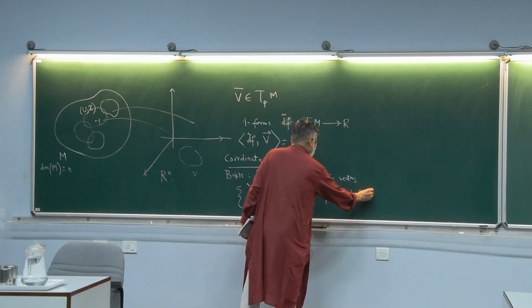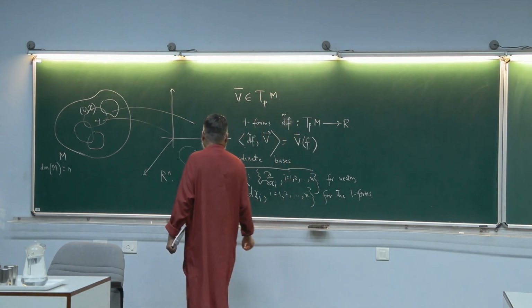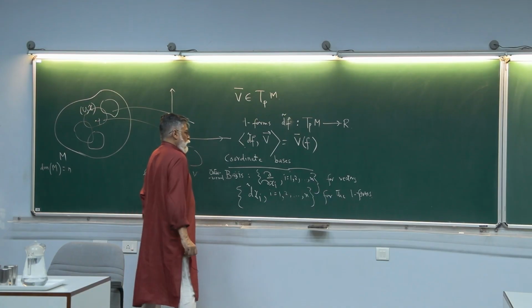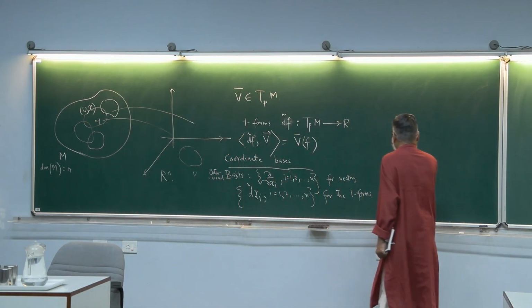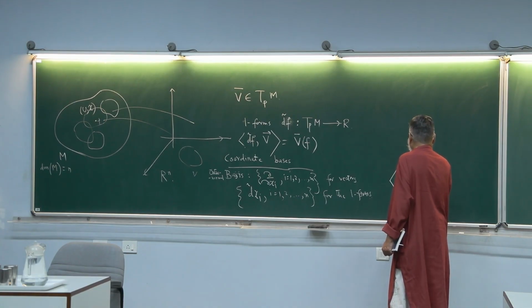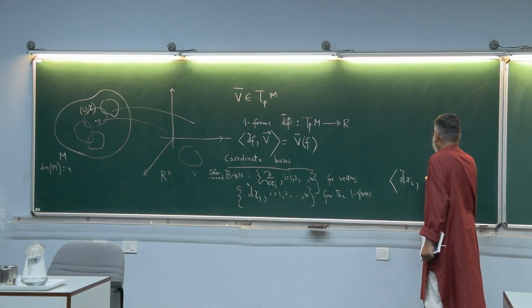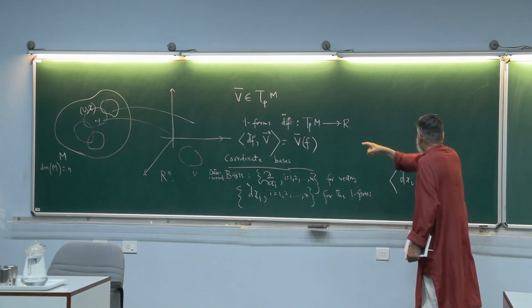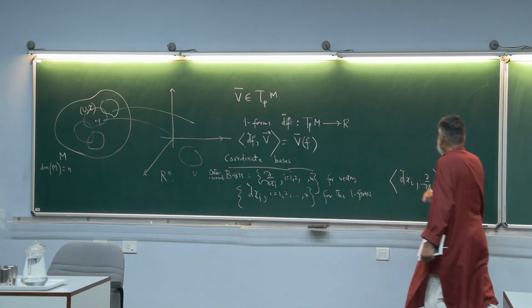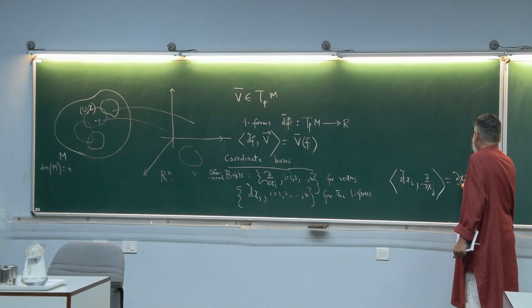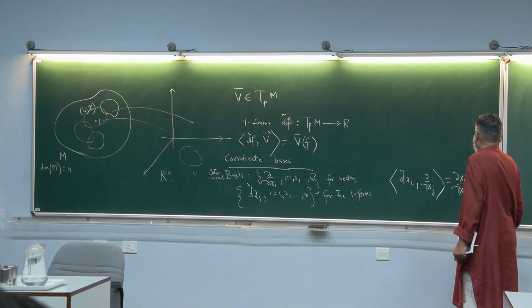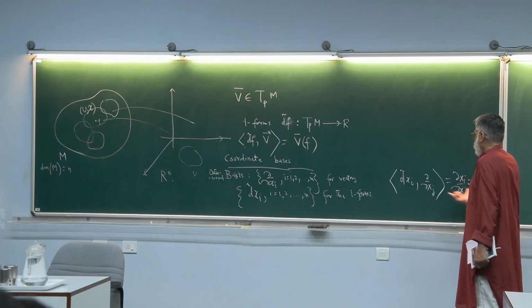And this is an example of an orthonormal basis, meaning that the basis d of x i acting on the vectors del by del x j is the same as the vector acting on the function, here the function is x i, which is del x i by del x j, and this is the Kronecker delta, and hence we know that it's an orthonormal basis.